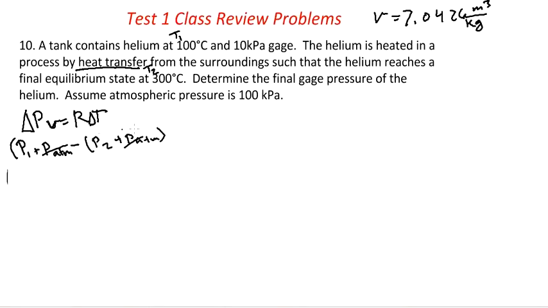This is obviously going to cancel out. Times v, which we have up here, equals R. And again, we're going to look at T1 plus 273 minus T2. This should be T2. I'm not getting my orders right. This should be P1, that should be P2. This should be P1. This should be T2. This should be T1 plus 273.